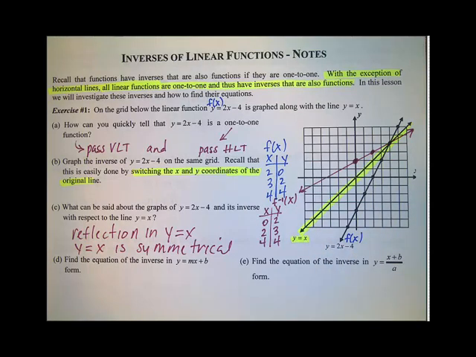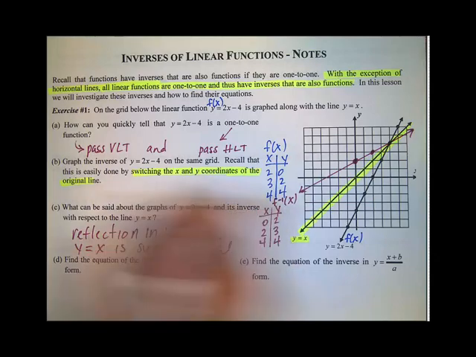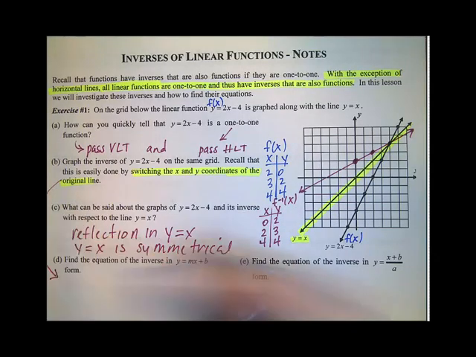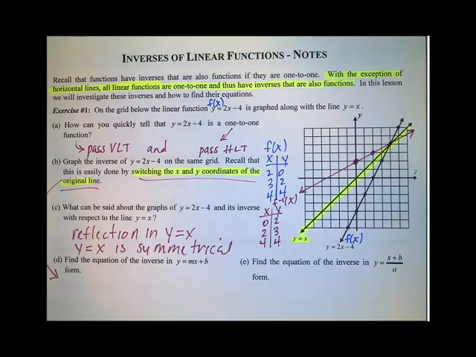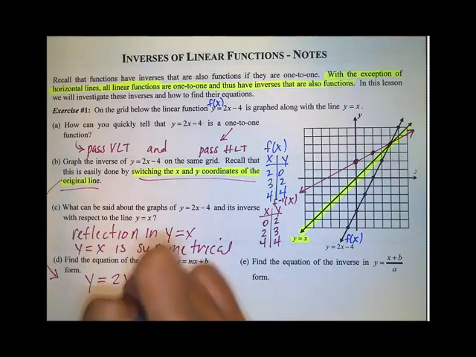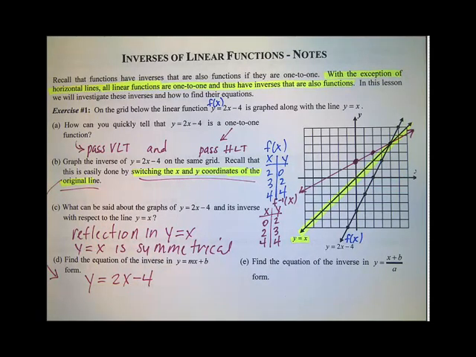So now, of course, you need to find this equation. Well, think about what this said. Switch the x and the y coordinates. So if I have the equation y equals 2x minus 4, we have to switch the x and the y. So this becomes x, and this becomes y.